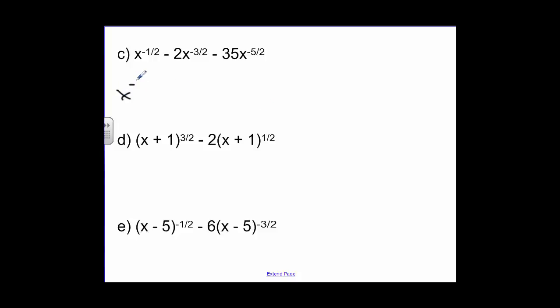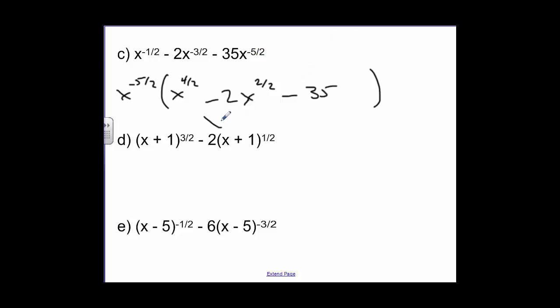So first thing I'm going to do is factor out the -5/2. If I factor out a -5/2 out of this one, it's going to leave me with an x to the 4/2. This will leave me with an x to the 2/2. That'll just be 35. -5 and 4, yep, that's my -1. -5 and 2 is my -3. -5/2 is just the number we have there.